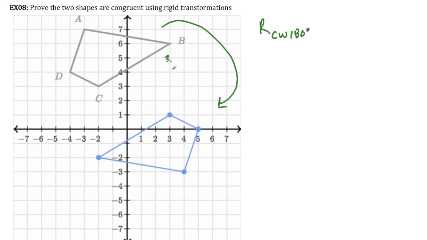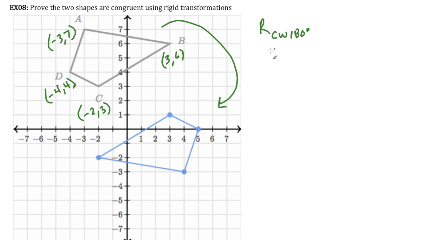Okay, so 3, 6. Negative 2, 3. And negative 4, 4. And negative 3, 7.